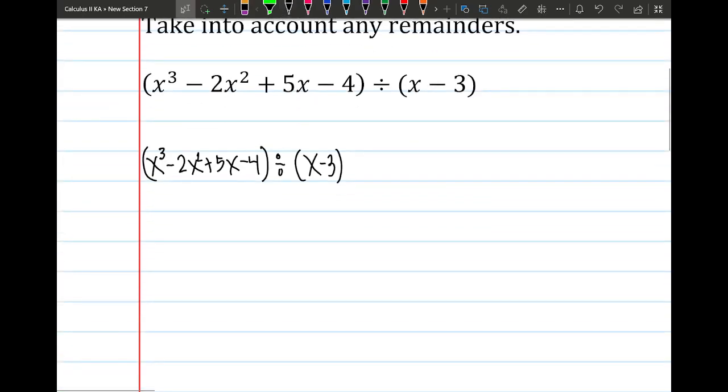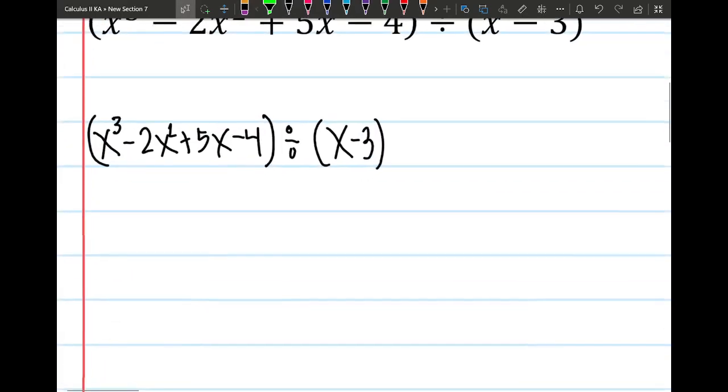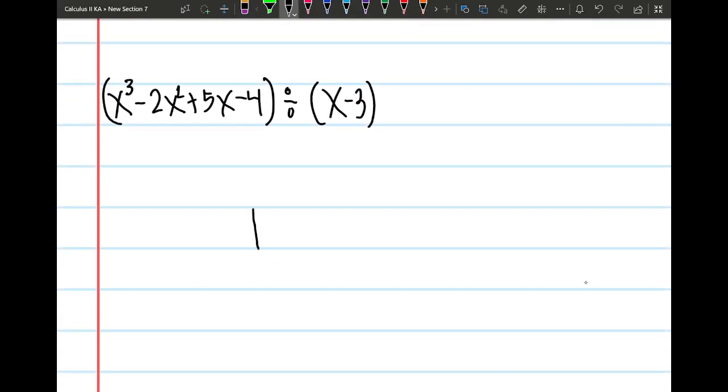So here we're going to do the box that we originally do when we divide using long division. So we have x cubed minus 2x squared plus 5x minus 4. And then on the outside we put the x minus 3.